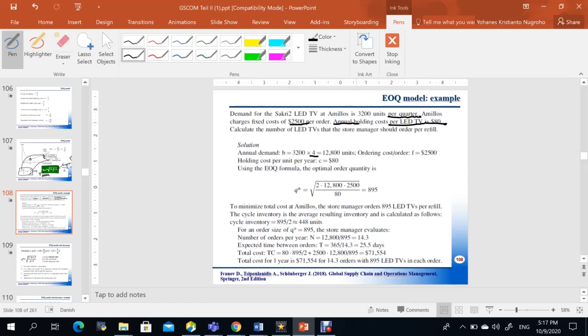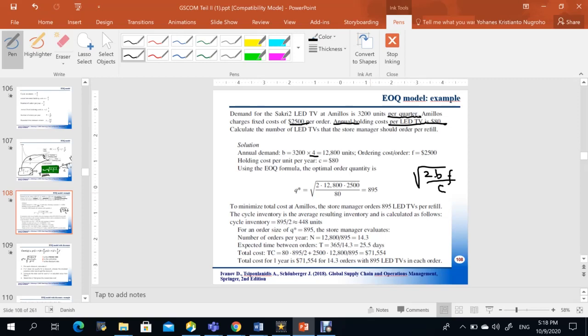Then by using the economic order quantity formula, the optimum order quantity, or EOQ, going back to our previous equation, Q equals the square root of 2 times P, that is the demand, times ordering cost divided by C. So 2, times the demand 12,800, times the ordering cost, that is 2,500, divided by the inventory cost per unit per year, that is $80, and then we have 895.